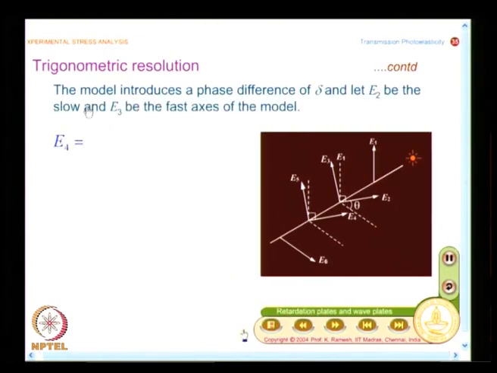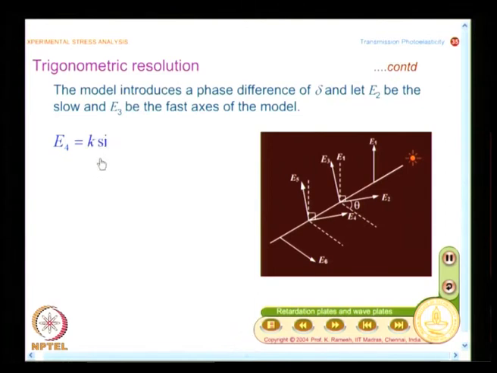So, the model introduces a phase difference delta, and let E2 be the slow axis and E3 be the fast axis of the model. Then E4 is slow and E5 is fast. We want to do it for E4, which is considered the slow axis.